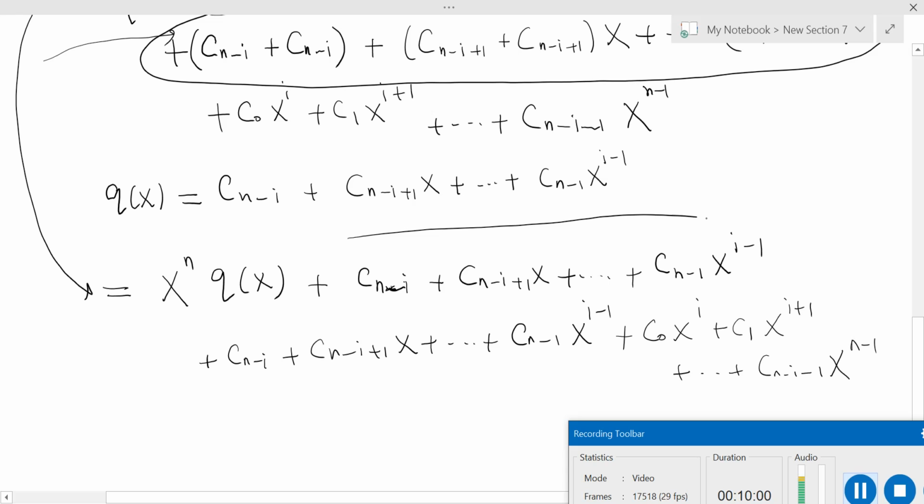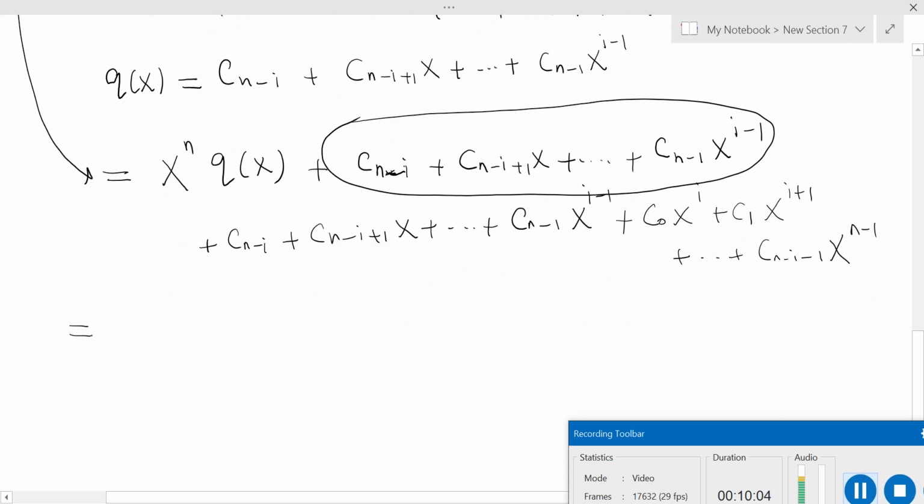Now you note this also is q of x, right? So it becomes x to the power n q of x plus q of x.